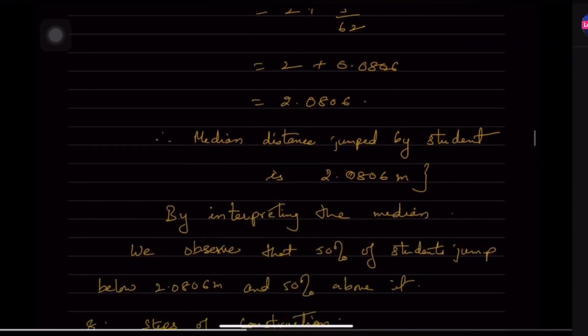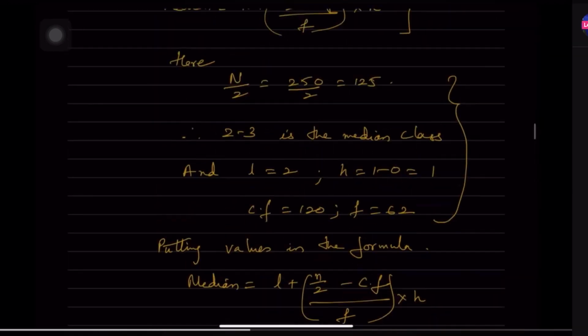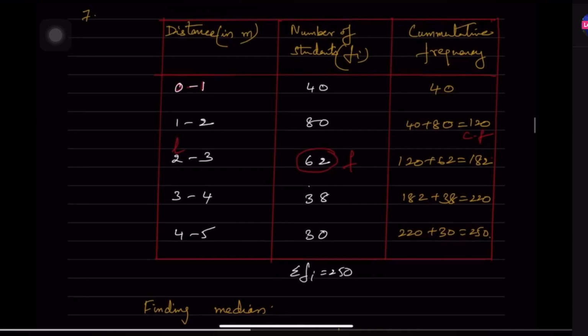So therefore the median distance jumped by the student is 2.0806. By interpreting the median, we observe that 50% of the students jump below 2.0806 meters and 50% above 2.0806 meters.